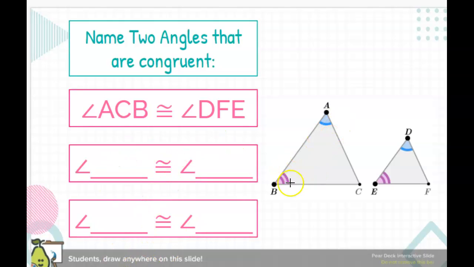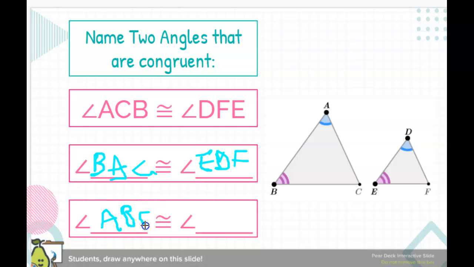Then it would also be true that BAC is congruent to EDF, and then we could also say ABC is congruent to DEF. Oh my gosh, I'm sorry, it glitched.